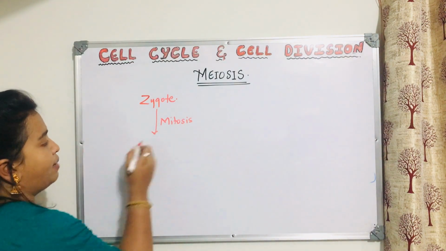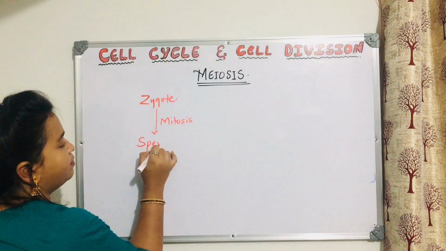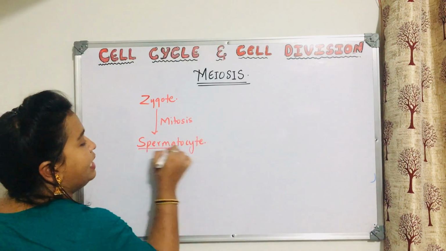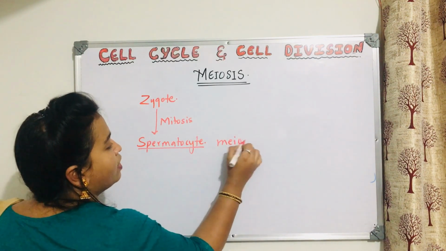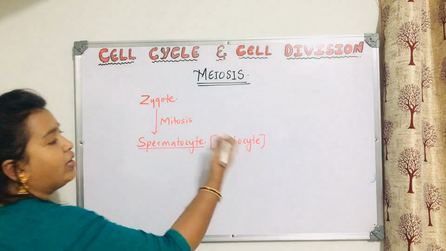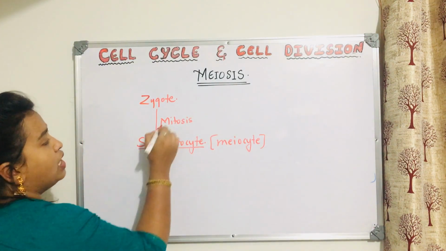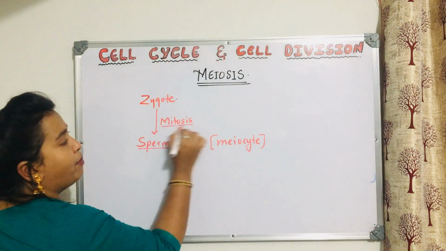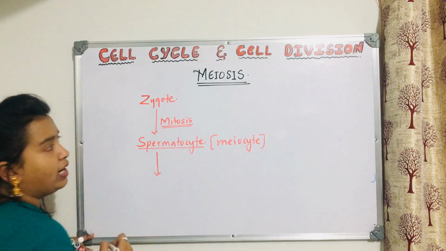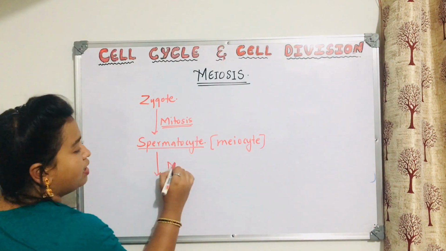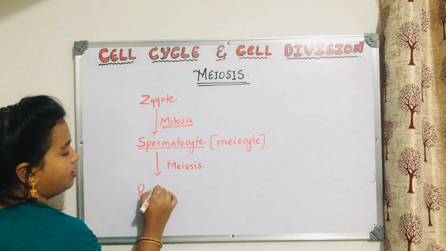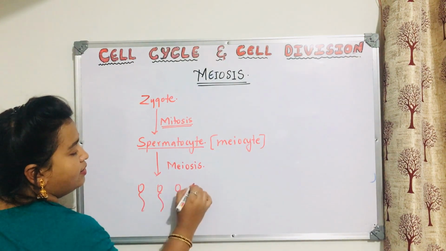So let us take an example of the spermatocyte. What is a spermatocyte? A spermatocyte is a meiocyte. What is its function? It will undergo meiosis. So the zygote underwent mitosis to form the spermatocyte. Now the spermatocyte will undergo which division? Meiosis. Why? To produce the gametes. Which are the gametes? Sperms.